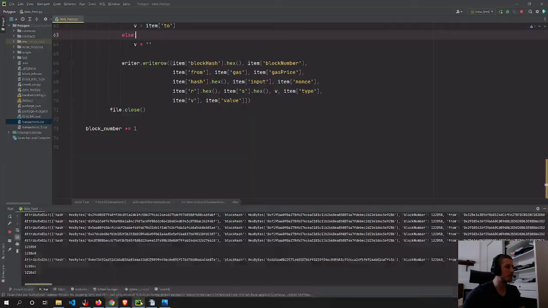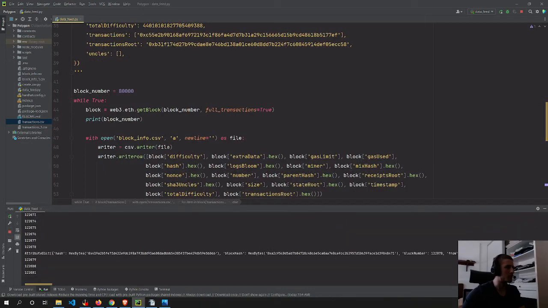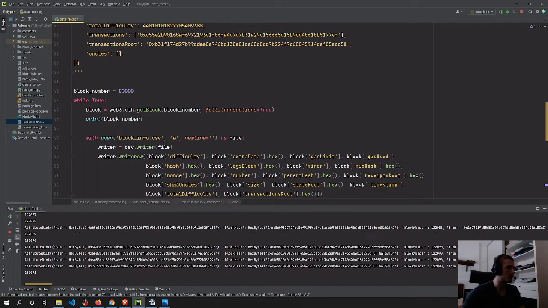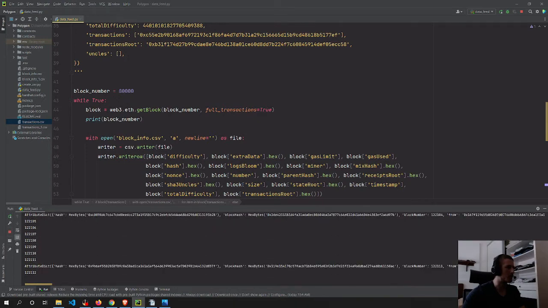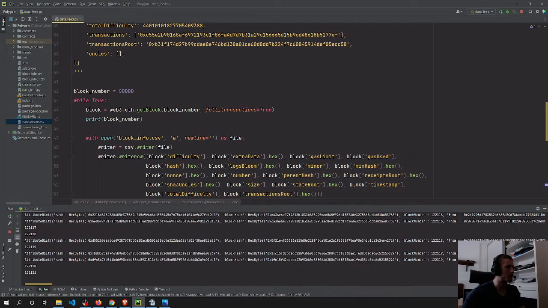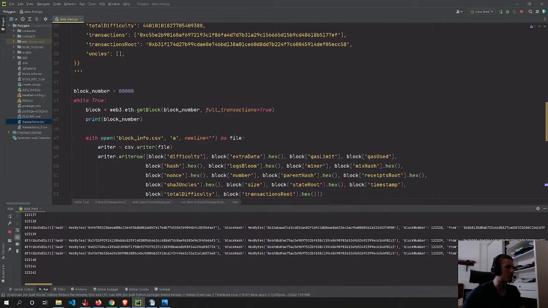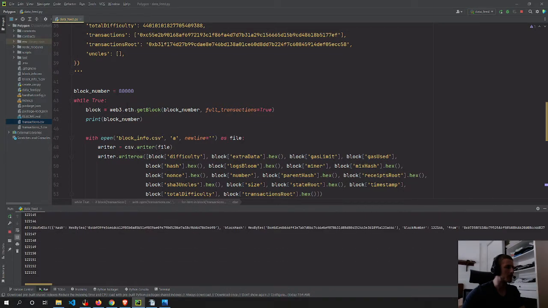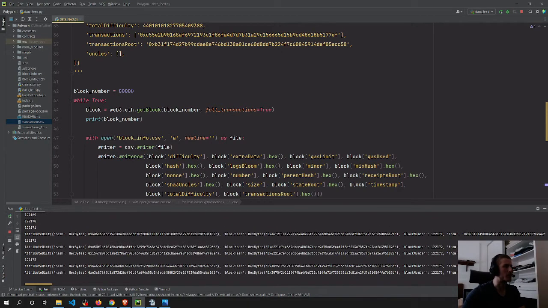Oh, also, I didn't do this because honestly I didn't want to bother, but ideally I would put here a pickle file or something like that that stores this information for the next loop. So once this breaks, the next time I start is gonna start from the last number where it broke.